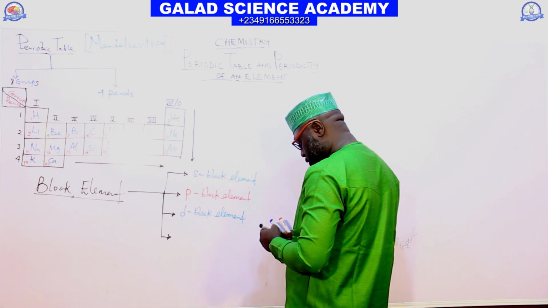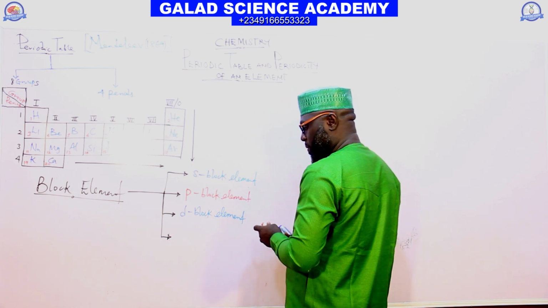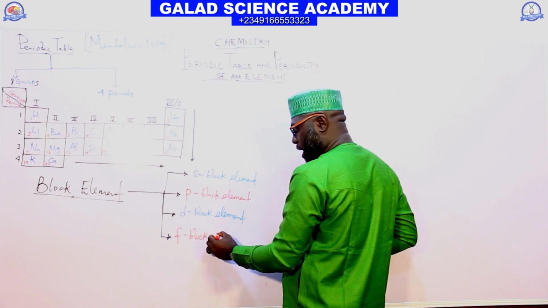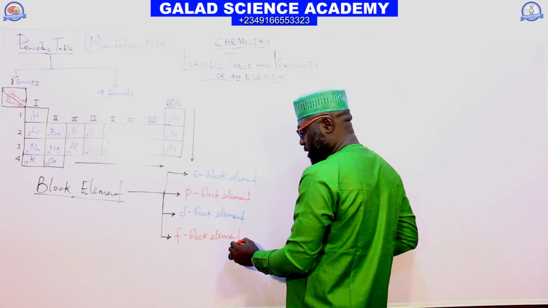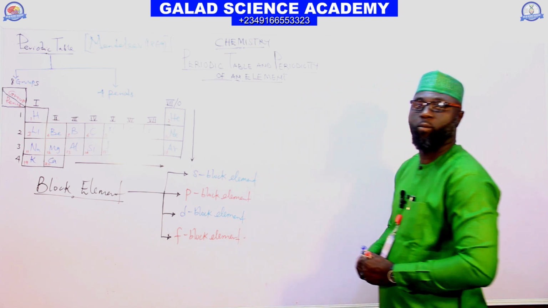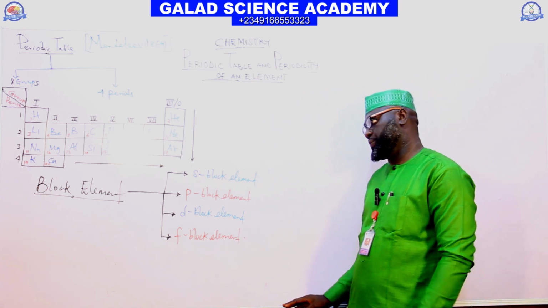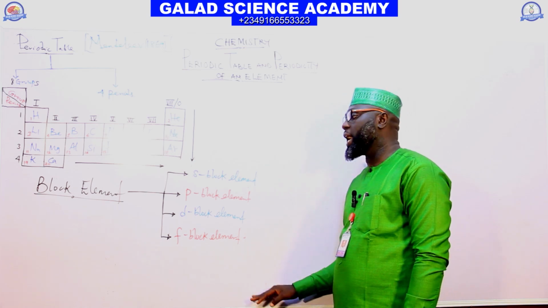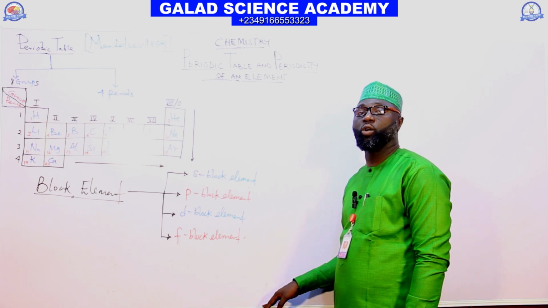The next one is the F block element. Those are the four block elements we have in the periodic table.